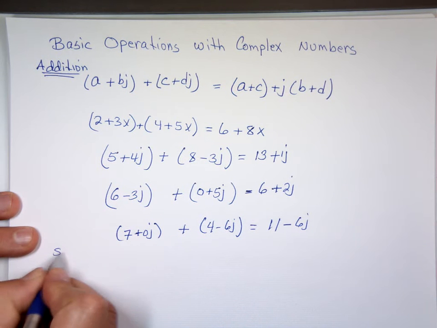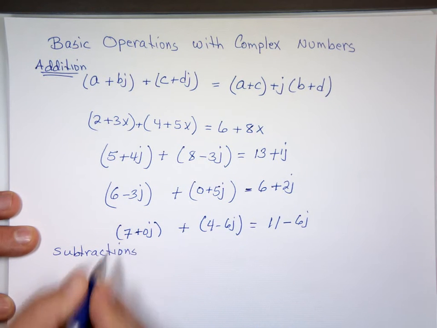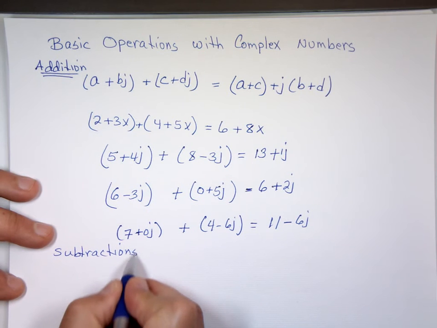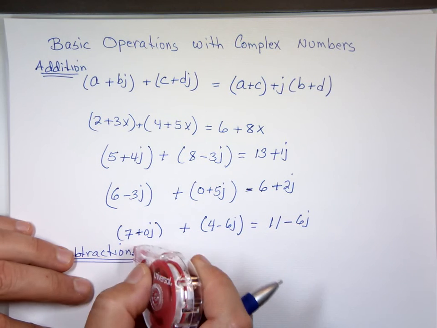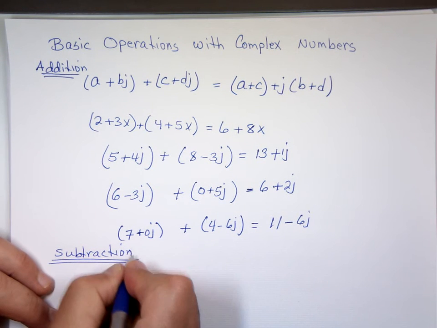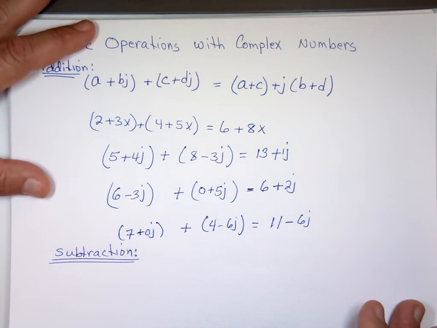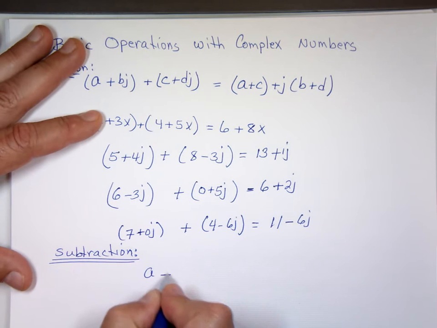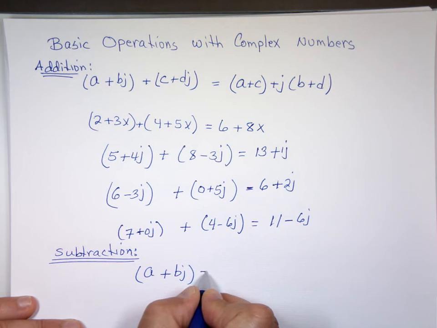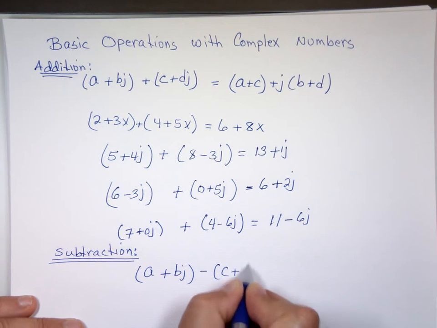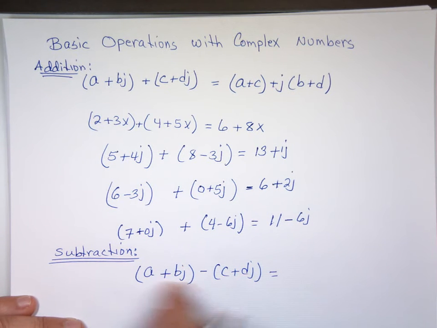Let's look at subtraction. If I have a plus bj and I want to subtract from it c plus dj, just like addition, you subtract the real from the real, the imaginary from the imaginary.